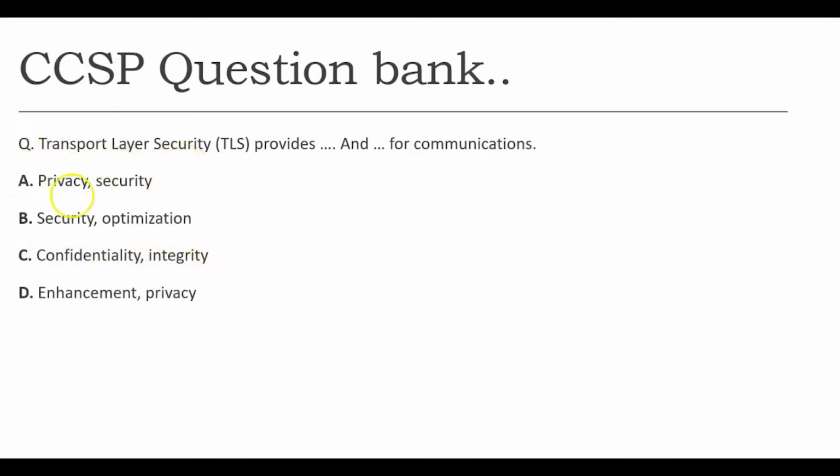Privacy and security are the same term, and sometimes we have to see the answers and select the best option. There is no concept of optimization in TLS, and there is no enhancement. Definitely confidentiality and integrity are achieved via TLS.